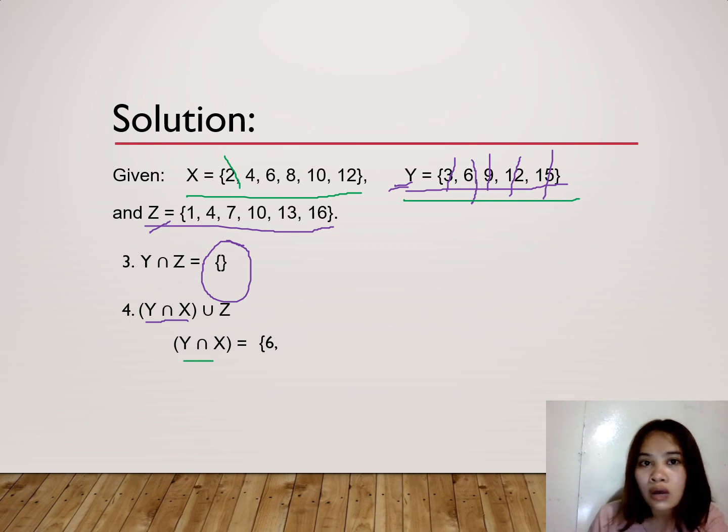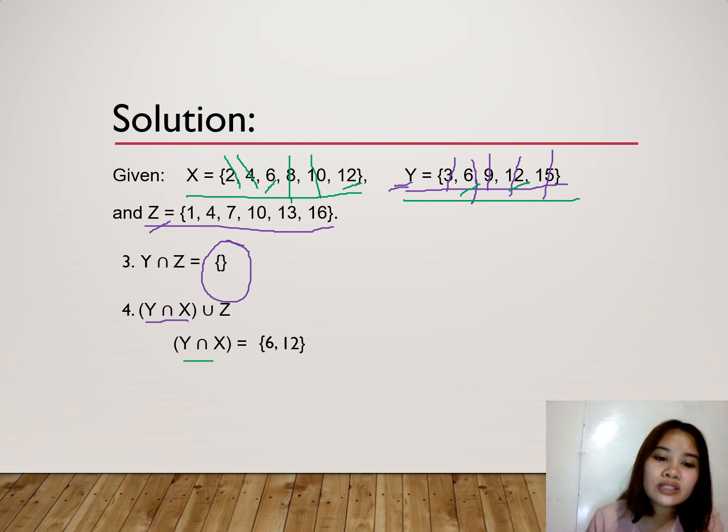No. How about 4? No. 6. Yes, we have 6 here. 8. No. 10. No. 12. Yes, there is 12. So, we have 6 and 12.